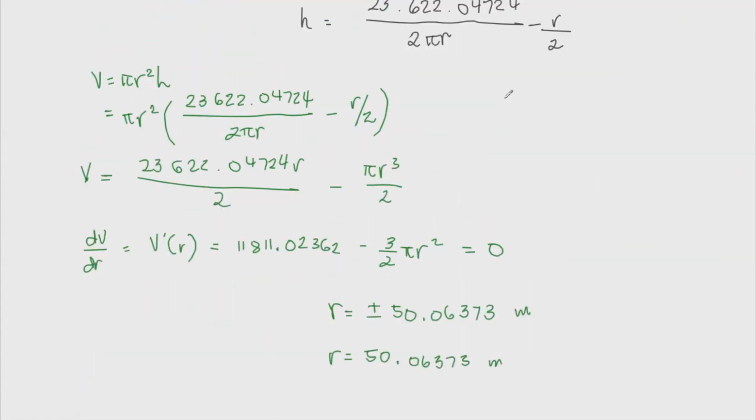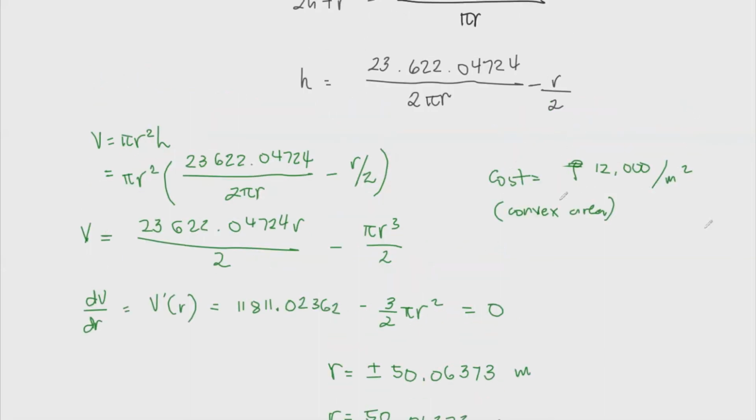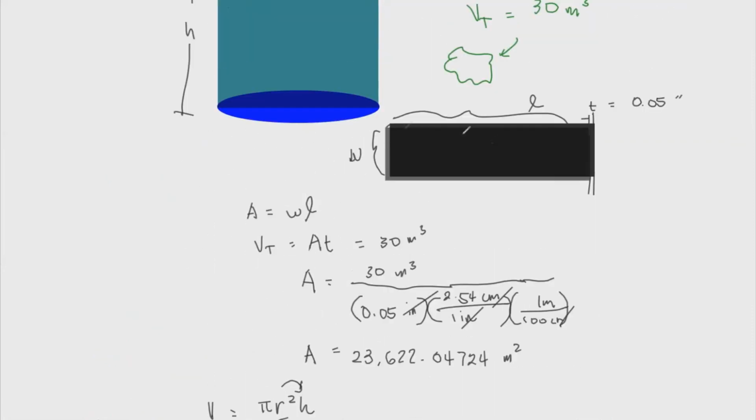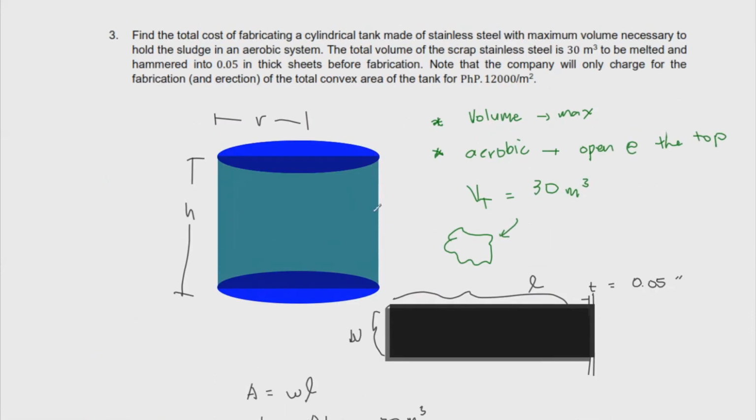So the total cost will be coming from the fabrication and erection of the total convex area. Okay, so if the cost is equal to 12,000 per meter squared, and this is only applicable for the convex area, that will be the money needed by the company to have this tank constructed. So why is that so? Maybe because the company didn't charge for the base, because the base is not really a problem when you're erecting something.